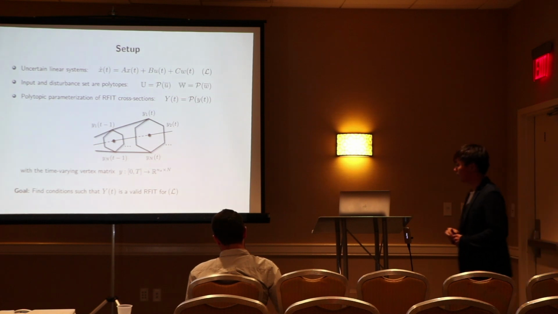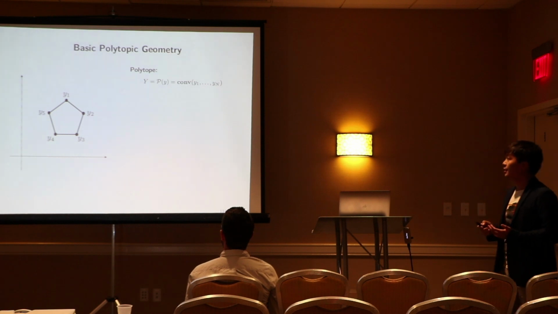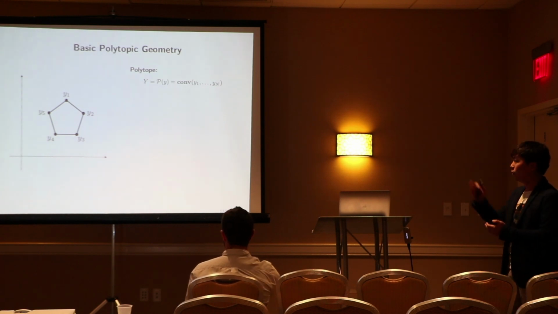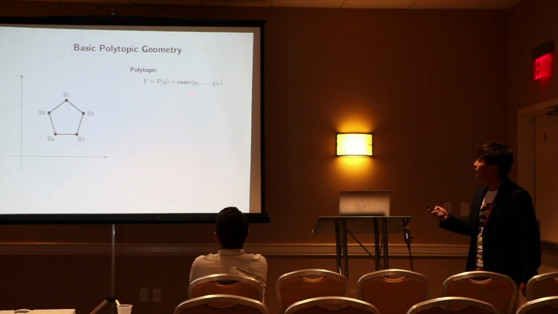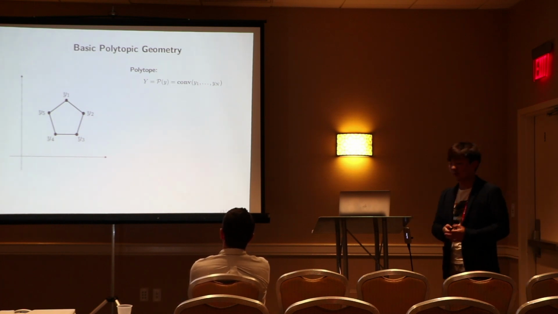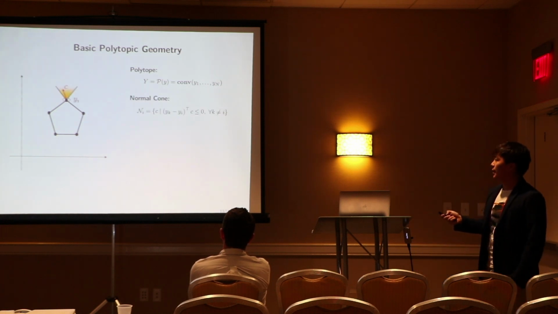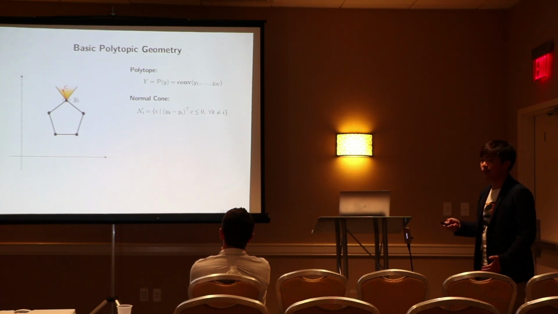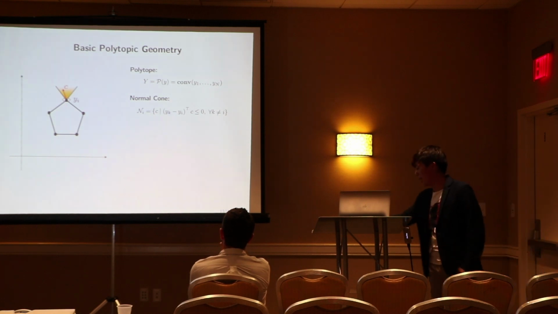So let me also give you a brief review of the basic polytopic geometry, because we will be using that to derive our theorems. So you know that a polytope is basically a convex hull of its vertex points. And a normal cone with respect to a given vertex point is intuitively marked in this yellow region here. It is basically a set collecting all of those c vectors, which is marked in red.